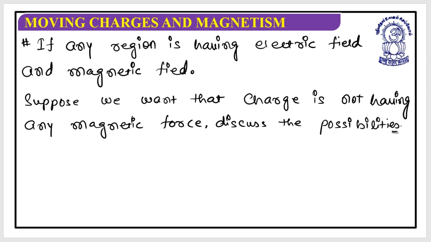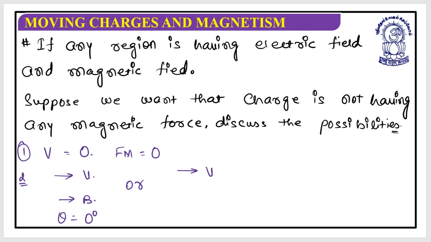So how is it possible? First thing that came into my mind is, let's say the charged particle is at rest. If V is equal to 0, then magnetic force would be equal to 0. This is the first case. Our second case could be that this is the V, this is the B. That means theta is equal to 0 degrees, or this is the V, this is the B, that means theta is equal to 180 degrees.